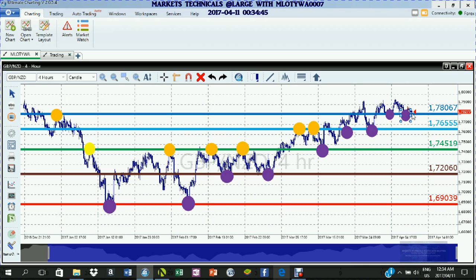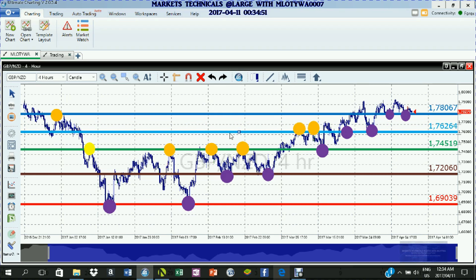So you can clearly see the purple circles there and the yellow circles. The yellow circles, guys, I'll write this down. The yellow circles denote resistance points.